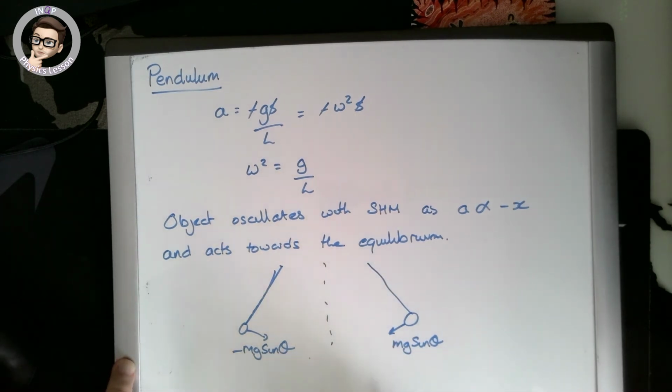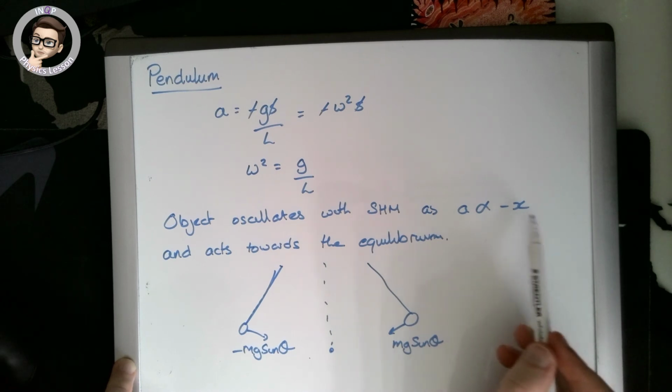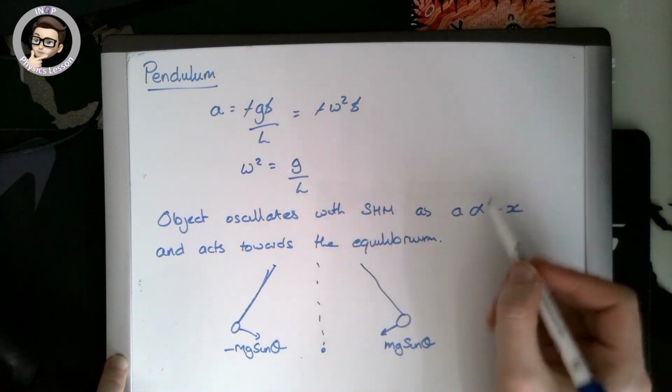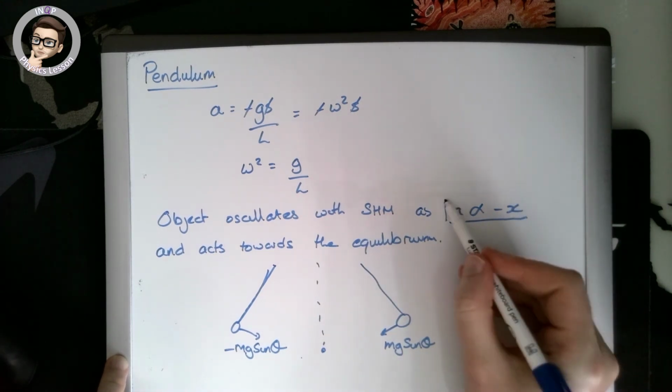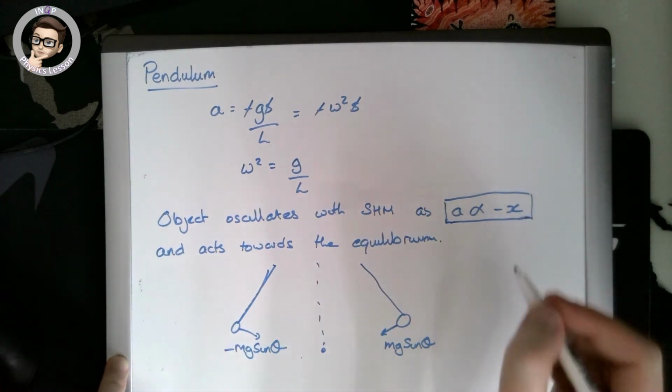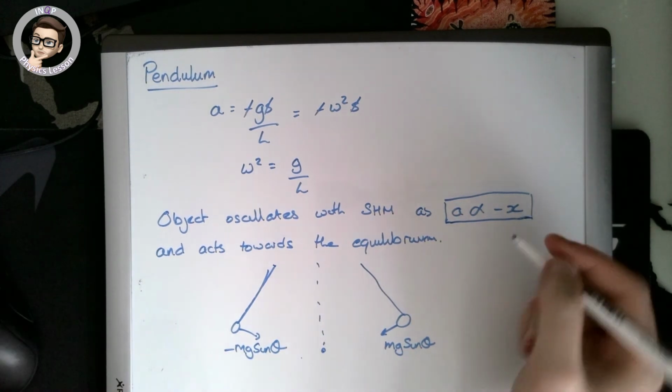So whatever we do, it's always wanting to act back towards the center and is proportional to the distance we move away. The greater we move away, the greater the acceleration, the amount it wants to pull back in, and you can check that by looking at the angle and the size you would get. So there's our proof. We've always got to talk about that acceleration being proportional to the negative displacement, and that is what's true for SHM.